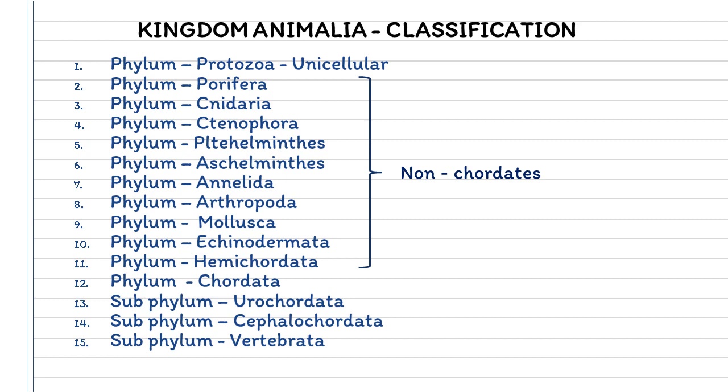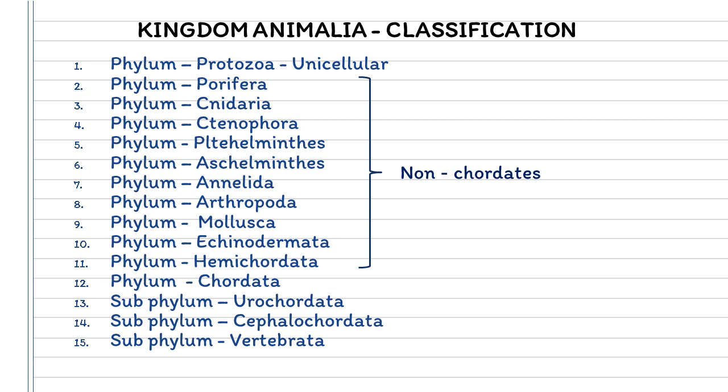Non-chordates means there is no notochord, vertebral column or backbone present in these animals. There is no backbone, or no skeletal system. Hence, they are known as non-chordates.